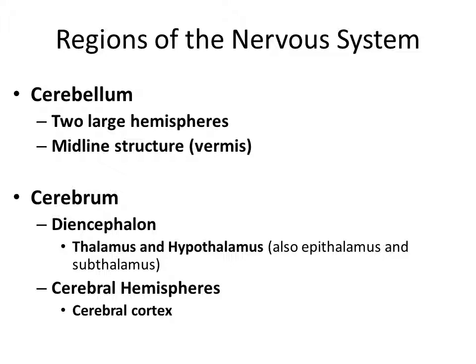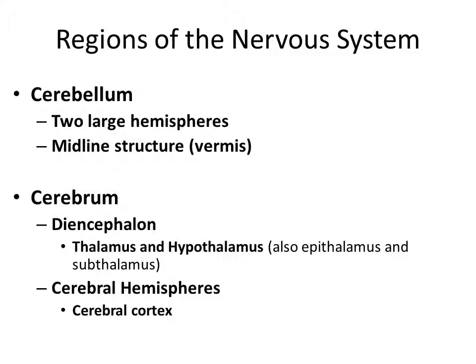As you recall, a nucleus is a group of neuron cell bodies within the central nervous system. So the cerebral cortex is really just a group of neuron cell bodies and their large dendrites. We'll talk about dendrites more in the next lecture. But it's the cell bodies that cover the surface of the cerebral hemispheres.